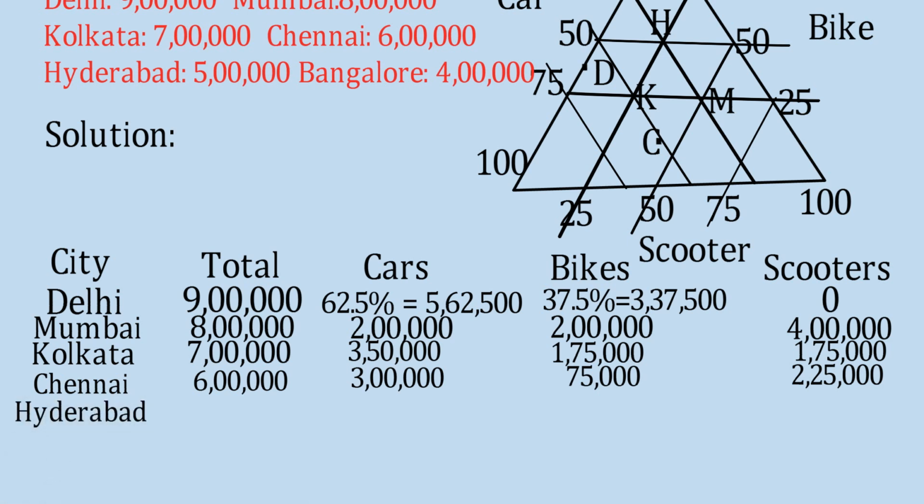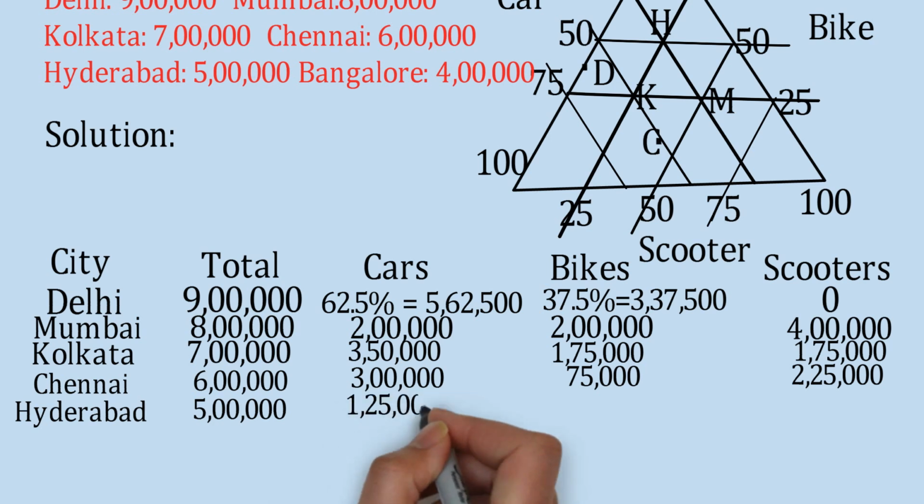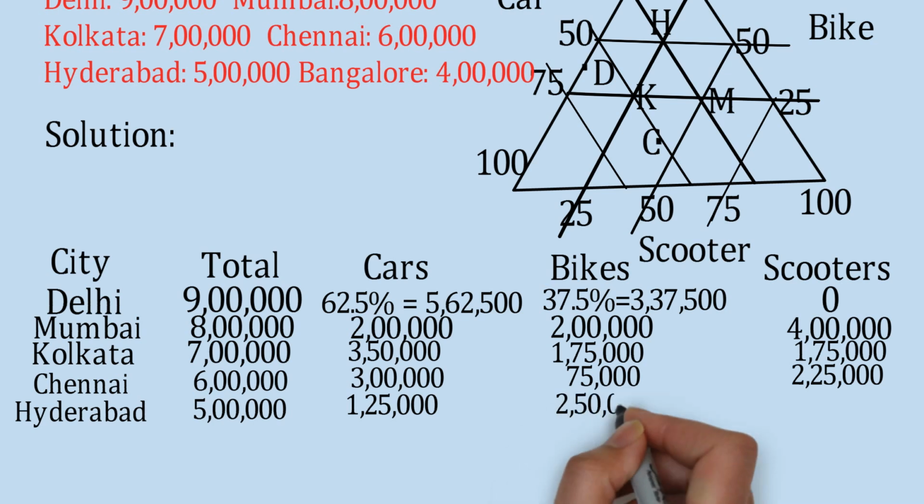So for Hyderabad, we have a total of 5 lakh vehicles. Accordingly, cars are 1,25,000, bikes are 2,50,000, and scooters are 1,25,000.